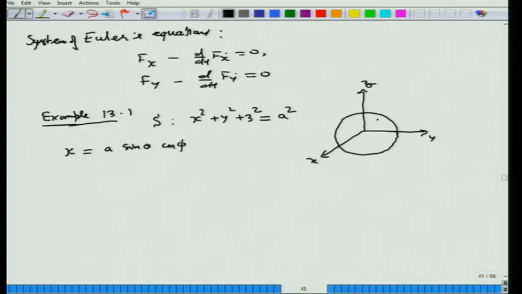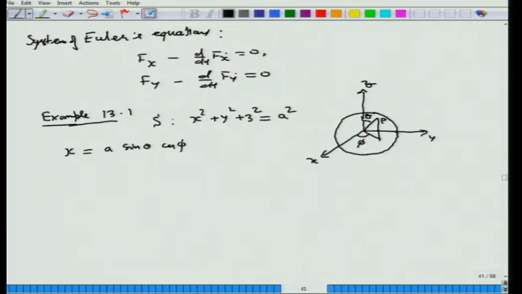For any point P on the sphere, this vertical angle is theta, and this horizontal angle is phi.